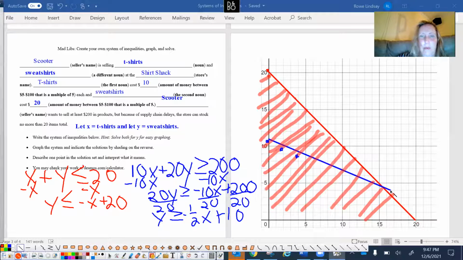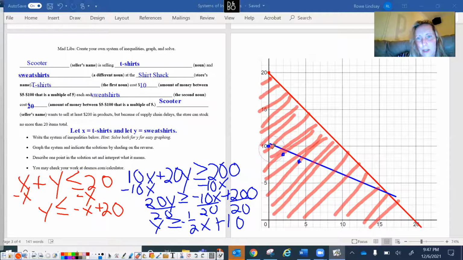It's not quite right, but you get the idea. So let's go in and erase some of those points that are just awful there. Sorry about that.